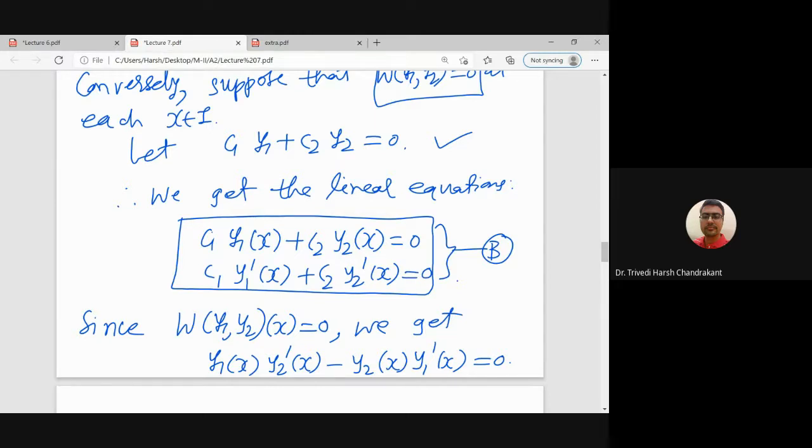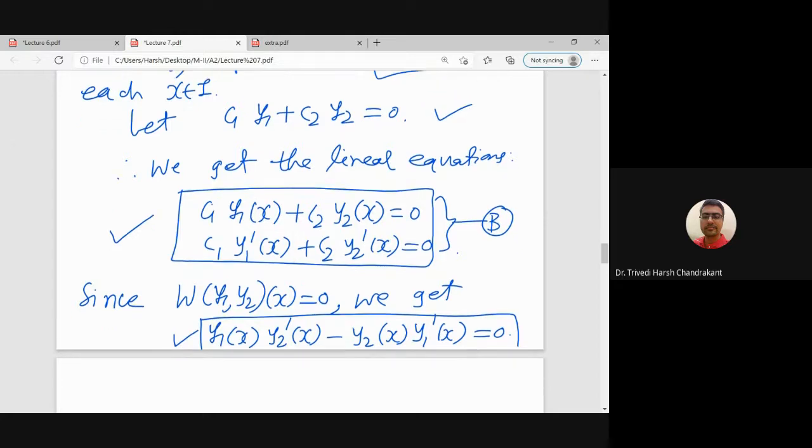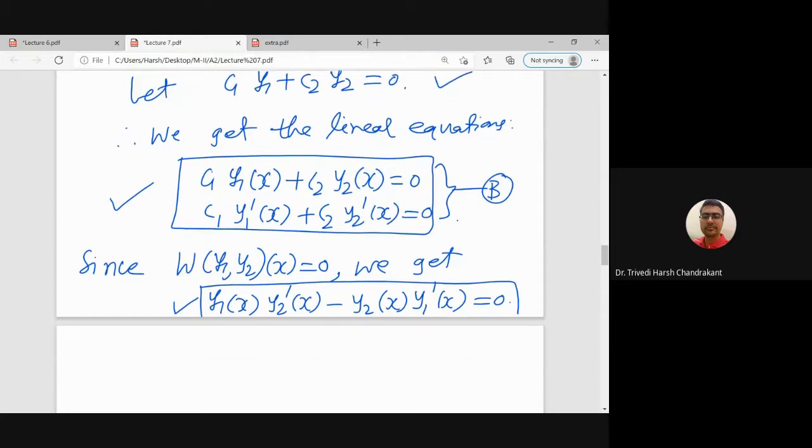And for that particular x, we have this determinant equal to 0. So what we have is a homogeneous system whose coefficient determinant is 0. So we know that such a system has infinite solutions. For a system of linear equations in two variables, if the coefficient determinant is not 0, then there is a unique solution. But if it is 0, that means there are infinite solutions.